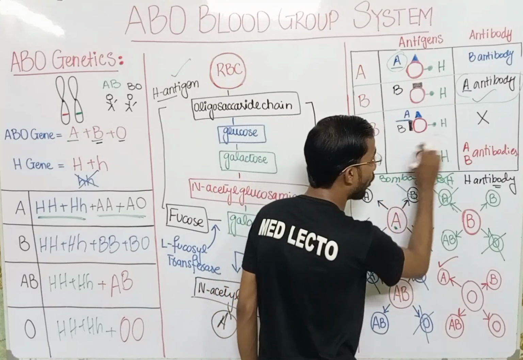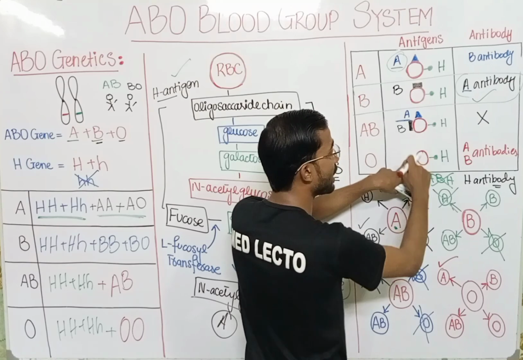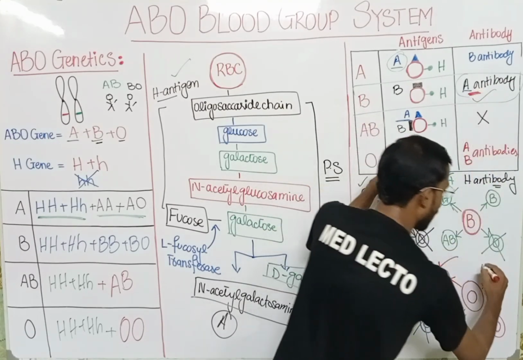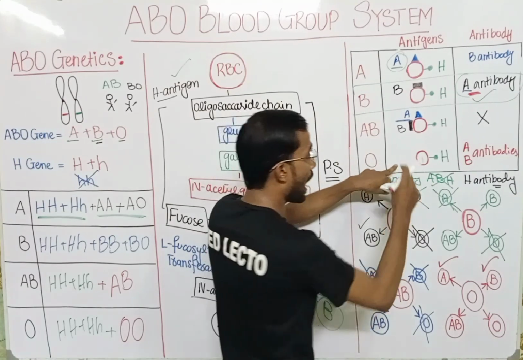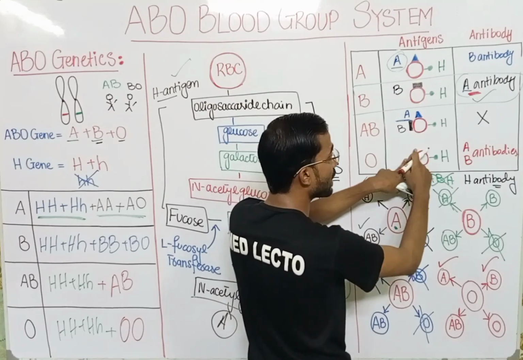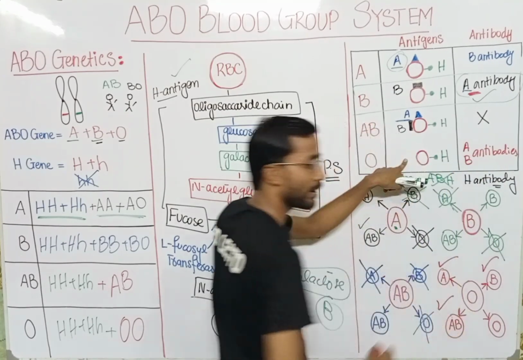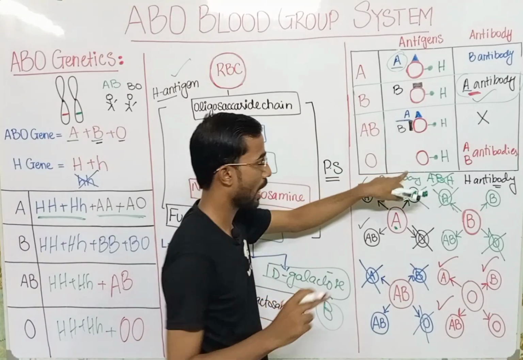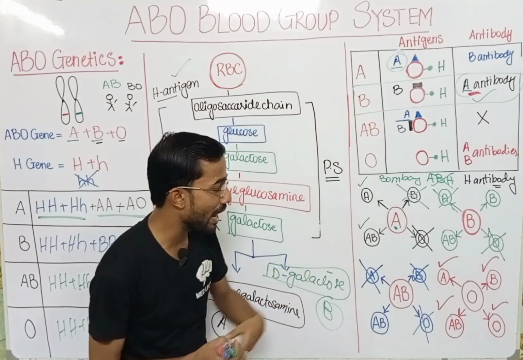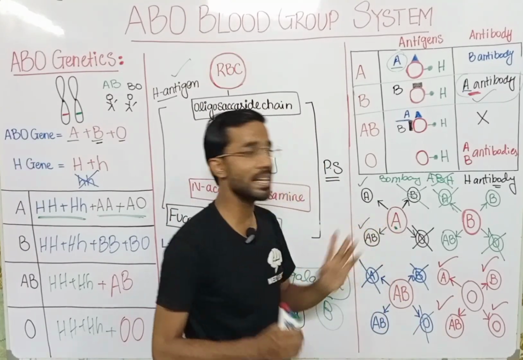Again, if I give only RBCs, they can be given to B because there is no antigen, so I can also give to a B person. Again, O can give to O. And AB, yes, because there is no antigen and there is no antibody against the antigen. So the O blood group can be given to AB. Next is O again: O can be given to O. So that's why the O blood group is considered the universal donor and AB the recipient.